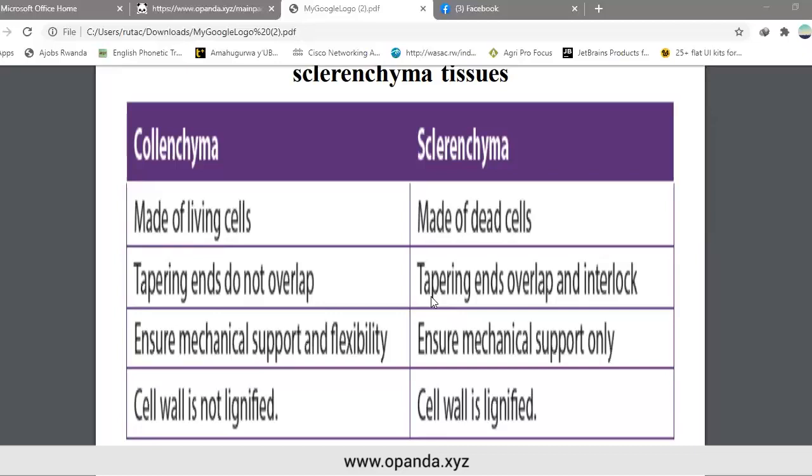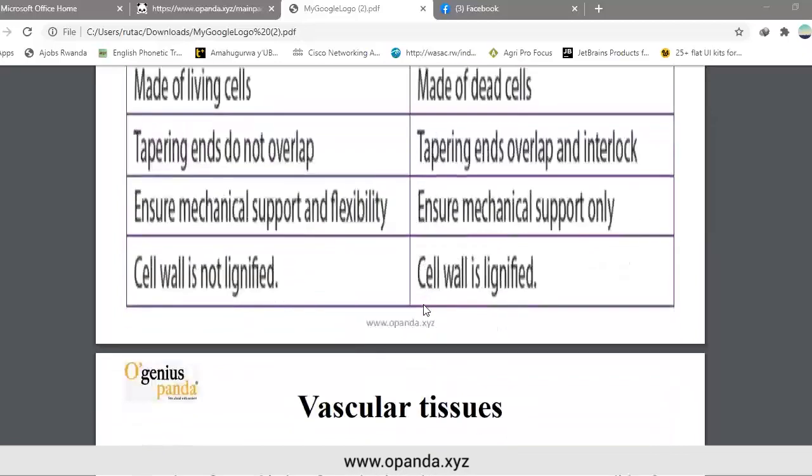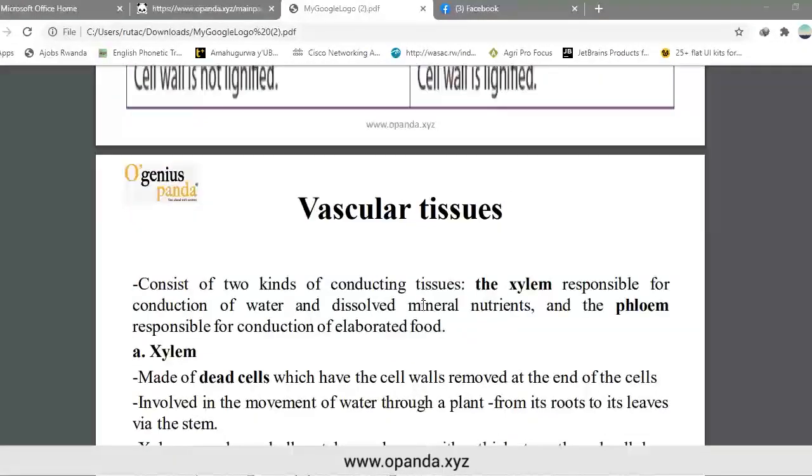Collenchyma ensures mechanical support and flexibility, while sclerenchyma ensures mechanical support only. Collenchyma has a cell wall which is not lignified, while sclerenchyma has a cell wall which is lignified.